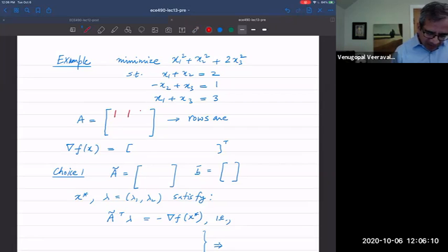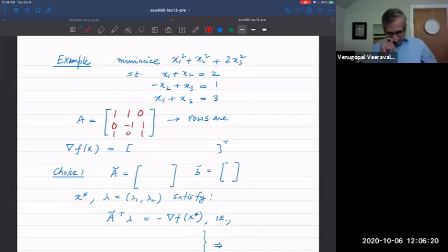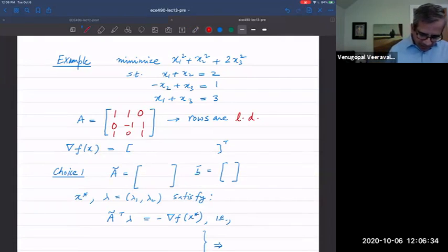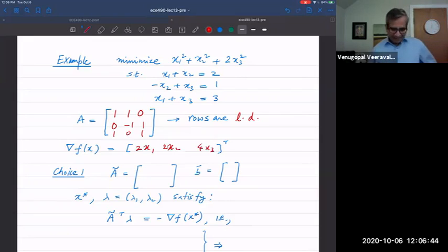So we know that this A matrix is 1, 1, 0 from the first equation, 0, minus 1, 1 from the second equation, and 1, 0, 1 from the third equation. And the rows are obviously linearly dependent, because if I add the first two rows, I get the last row. If you look at the gradient of the function, you get 2x1, 2x2, and then 4x3 as the components.